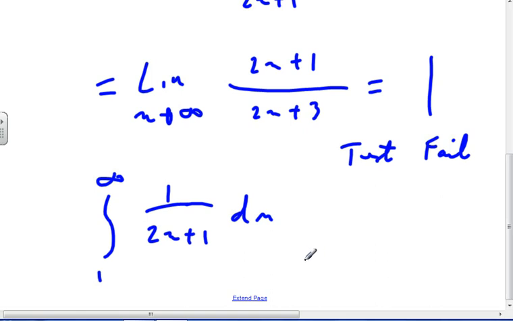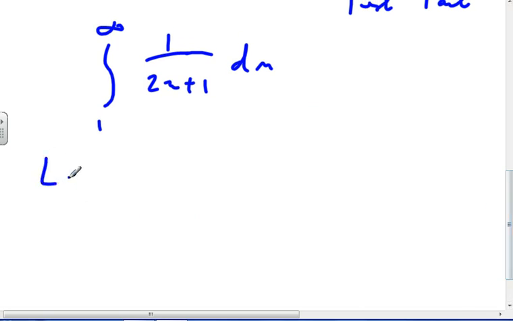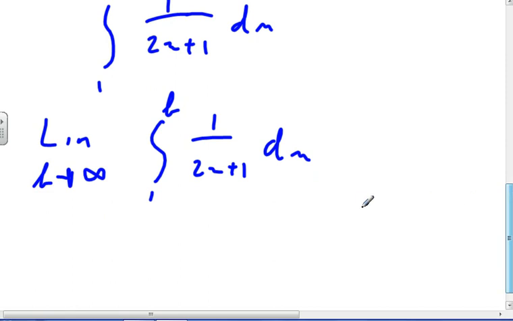Yeah, that's good enough. We can do that. Now, we can't do that integral, but we can do the integral limit of b goes to infinity of the integral of 1 to b of 1 over 2n plus 1 dn. We can do that integral. And so it's improper to take an integral to infinity, but we can take the limit of something that doesn't.